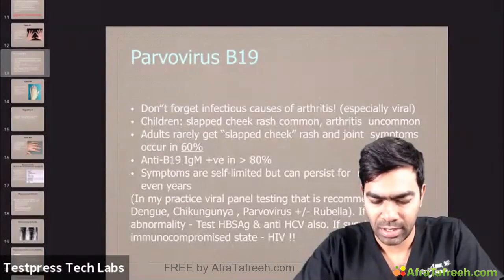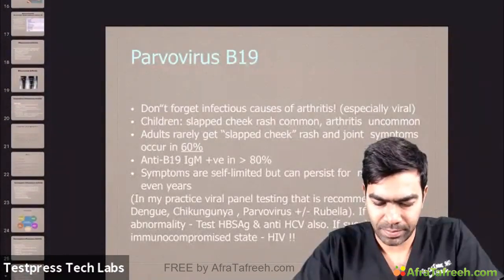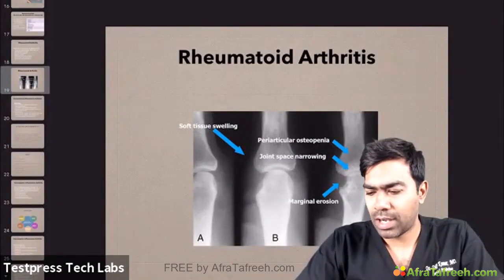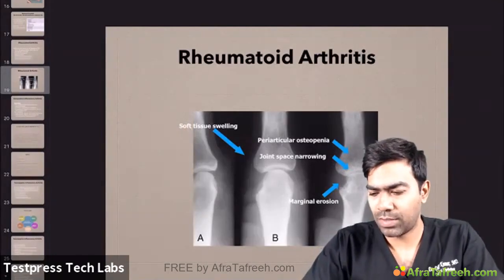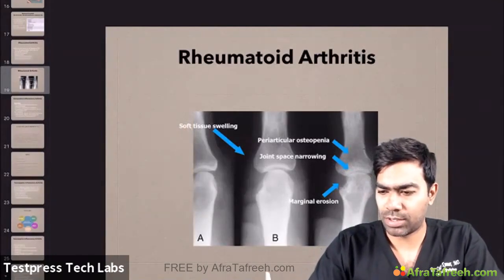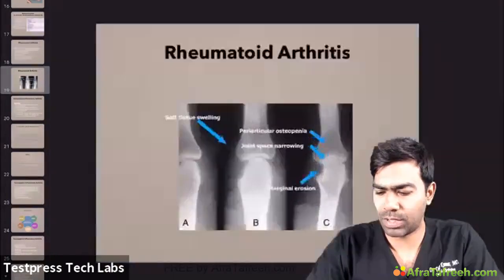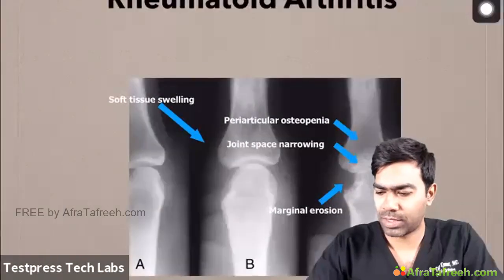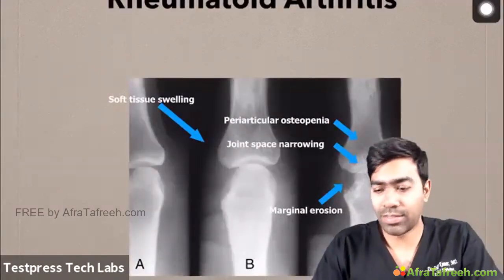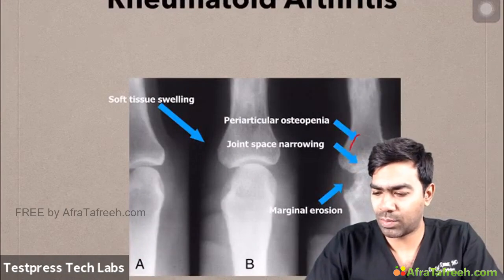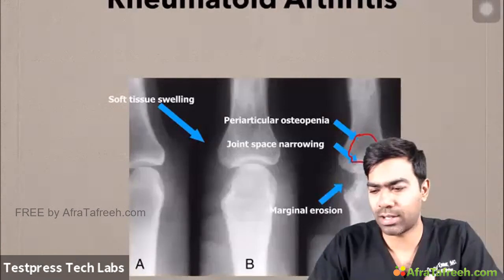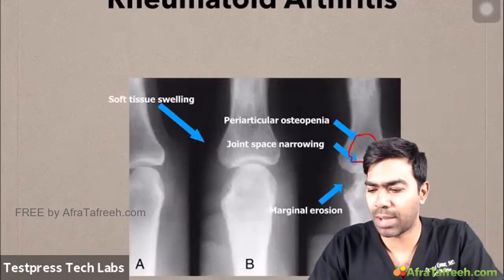Nevertheless, we leave that. This is another example of periarticular or juxta-articular osteopenia with joint space narrowing, and we have a marginal erosion as well. Whenever you see this kind of erosion, that indicates a very late stage of arthritis, to be frank. Usually it's not a feature of early rheumatoid arthritis. This is what we refer to as osteopenia. You can see a little blackish, hypodense area; that is the osteopenia.